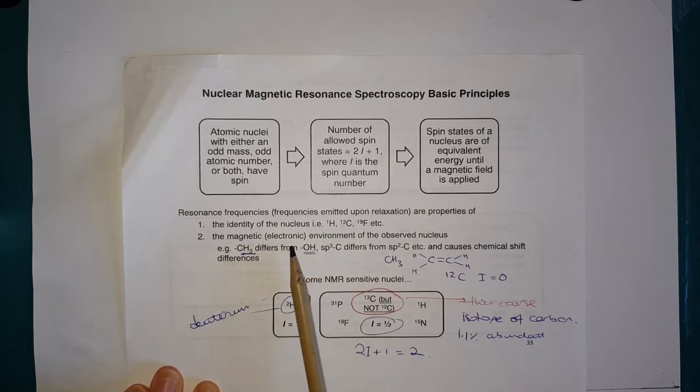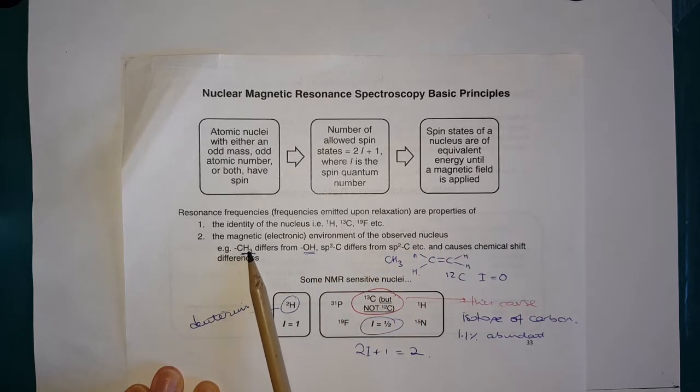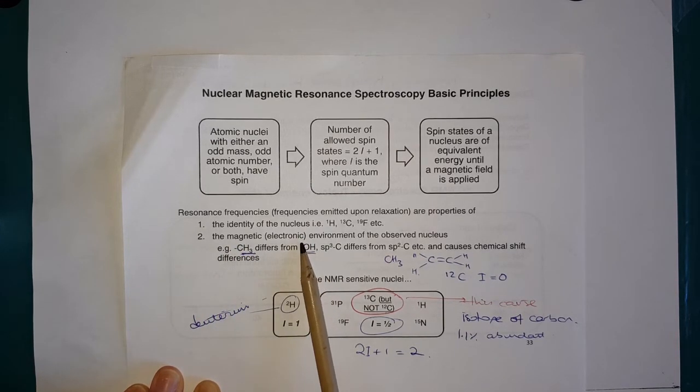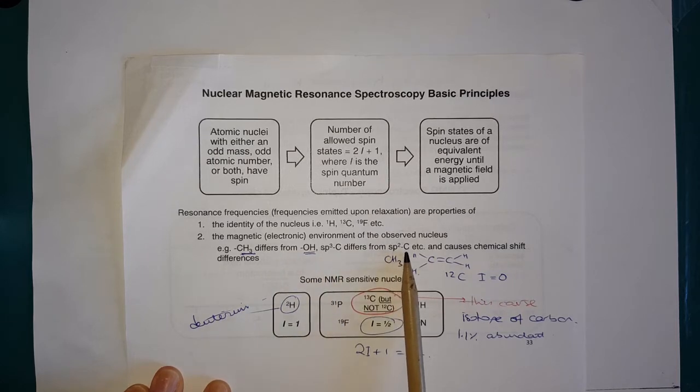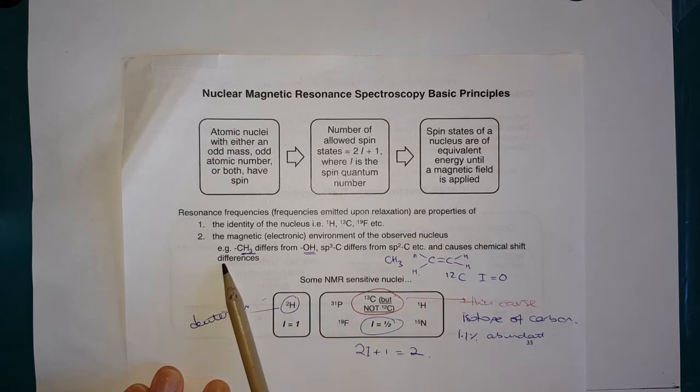But it also depends on the environment of the nucleus. So is that carbon part of a CH3 group, or is the hydrogen part of a CH3 group? Is the hydrogen part of a hydroxyl group? Is it an sp3 carbon or an sp2 carbon? And this all causes a difference in the chemical shift. And the chemical shift is the data that we get out from running an NMR spectrum.